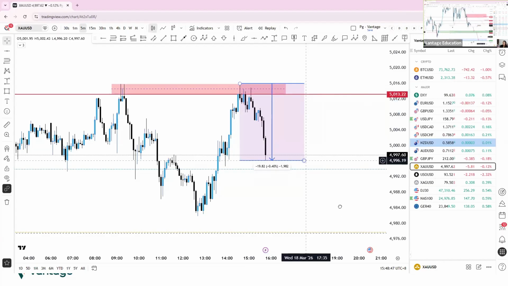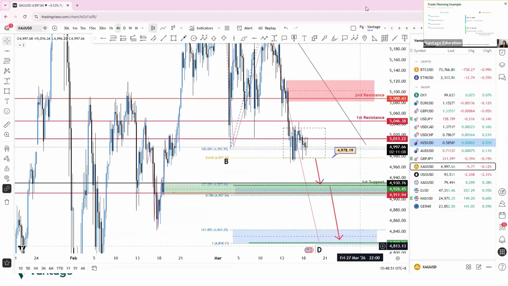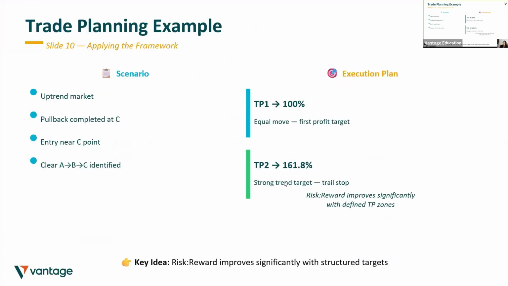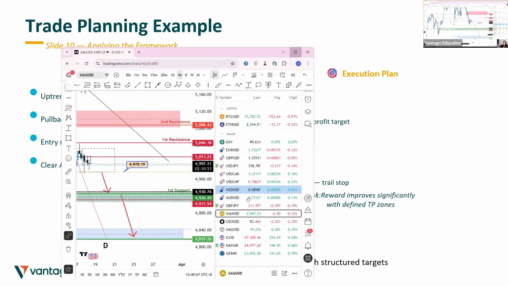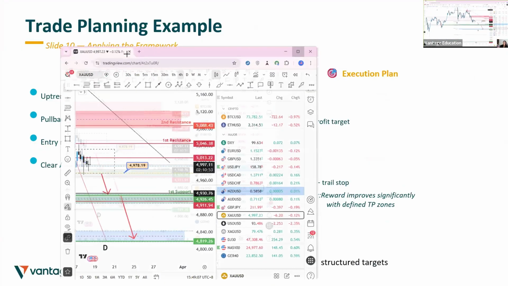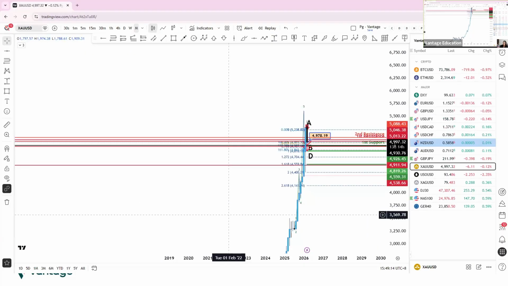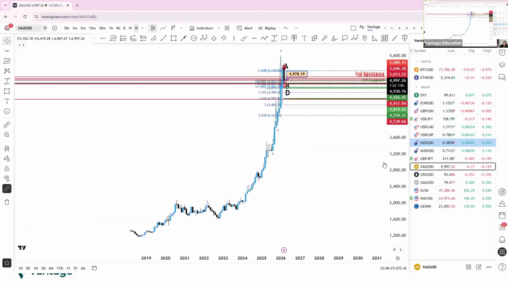We wait here. You see that TP2 161.8 strong trend target. Why? Because in H4 it is short-term bearish. Also, I think we're going to see a pullback, because why? If we look at the history, remember we look at the month, the year, which is 2022.